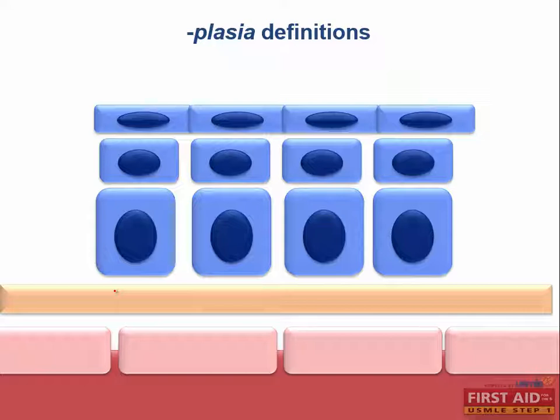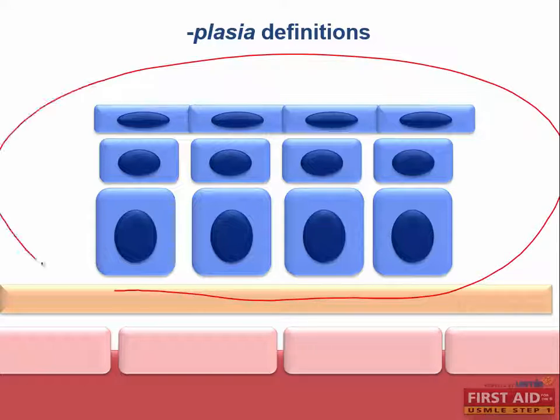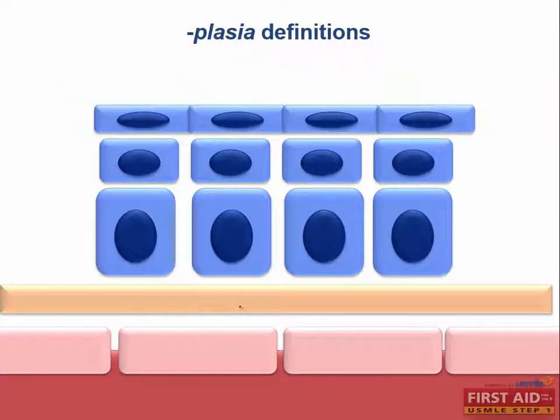All right, so now let's resume talking about the journey that normal cells go through when they're turning into cancer cells, or another word is neoplastic cells. So speaking of neoplastic, the word plasia is going to be involved in each of the stages that these cells go through when they're turning from normal into neoplastic.